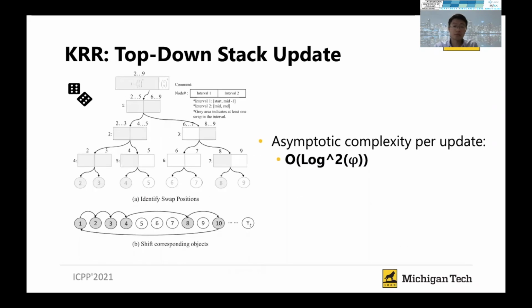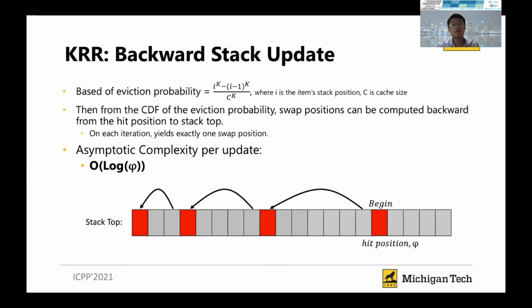The previous top-down approach has a complexity of log phi squared, but we soon realized that a swap position can also be considered as an evicted object. Similarly, finding swap positions is equivalent to finding eviction candidates in the KRR cache. We then use the inverse cumulative distribution function of the eviction probability to compute the swap positions iteratively, from the largest referenced position, or hit position, to the stack top.